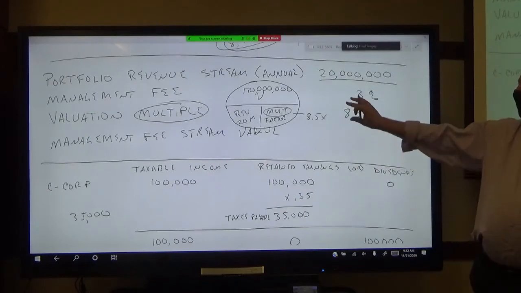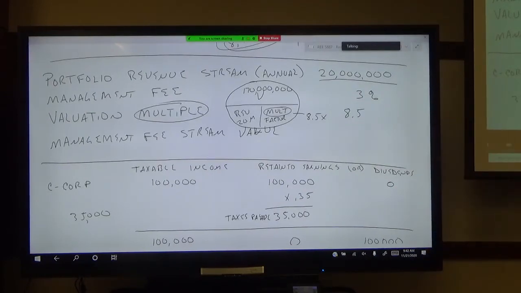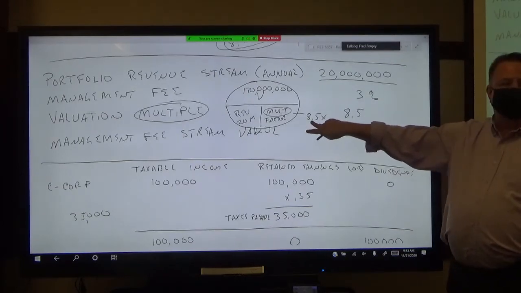Now, this multiple, think of it like this. A multiple is just simply saying that if you've got a really super duper simple business that almost anyone can figure out and do, that doesn't require a lot of startup, investigatory work, or due diligence, that multiple is usually going to be really low.